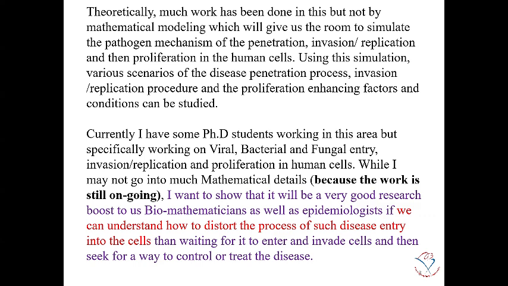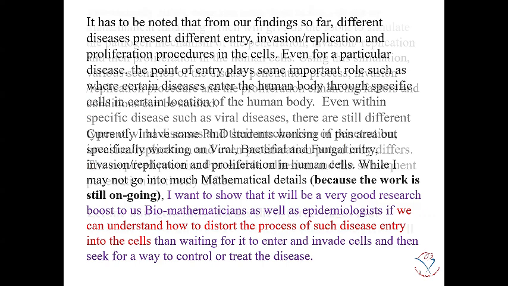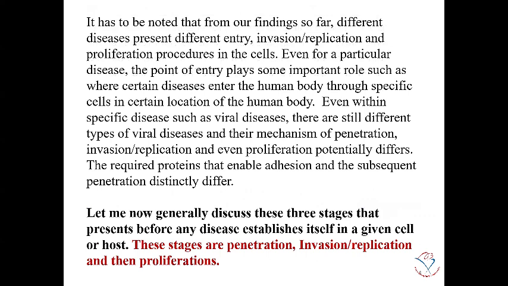I tried to look at what happens when the disease wants to enter, what happens when the disease has entered, and what allows the disease to proliferate within the cell. I took these stages one after the other: the penetration process, the invasion process, and then the proliferation process.